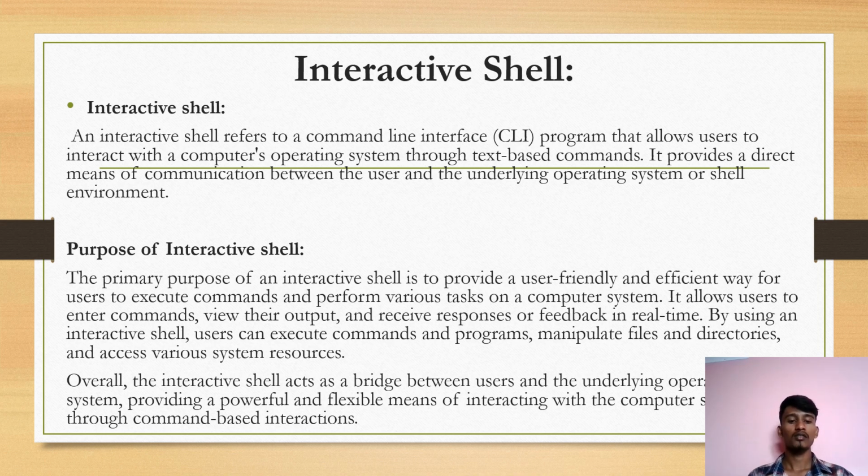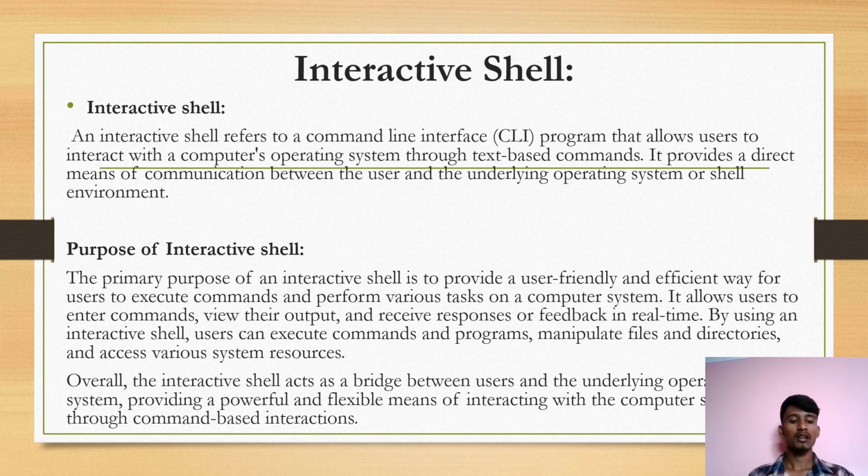Purpose of interactive shell. The primary purpose of an interactive shell is to provide a user-friendly and efficient way for users to execute commands and perform various tasks on a computer system. It allows users to enter commands, view their output, and receive feedback in real time.